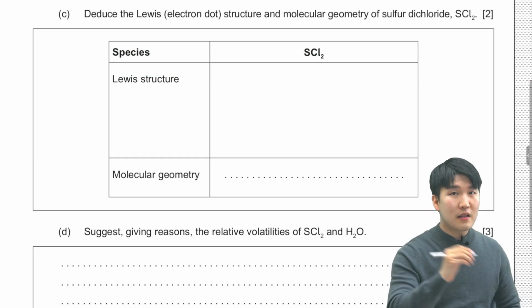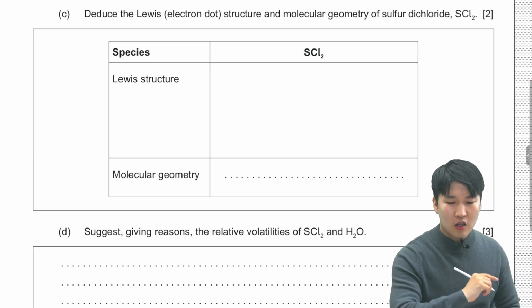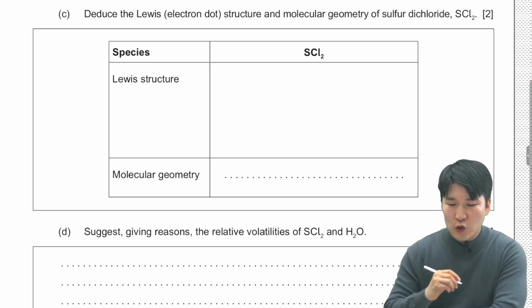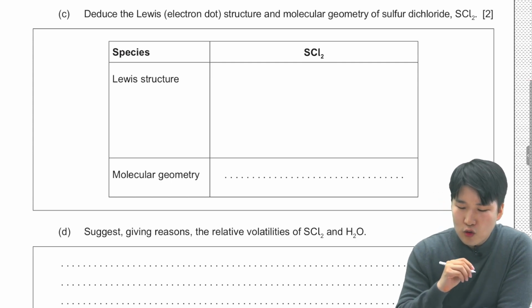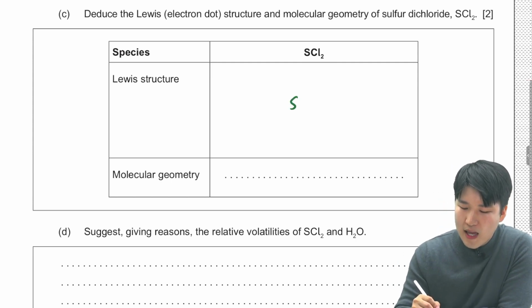SCl2 stands for what? Sulfur dichloride. Well, there's going to be two single covalent bonds between the sulfur and the two chlorines, which will be drawn as Cl, S, Cl.